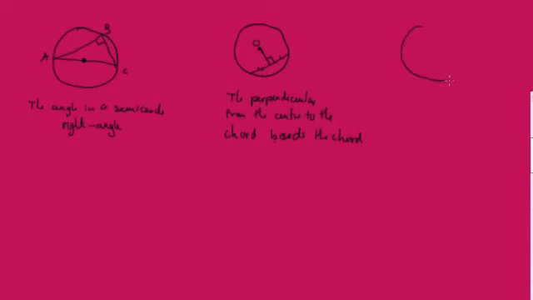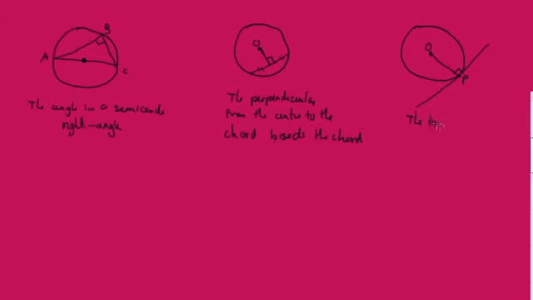And then it's another one. Now we've got a tangent to our circle, and it hits our circle at point P. And we've got again a line from our centre O to point P, and that's going to be perpendicular.